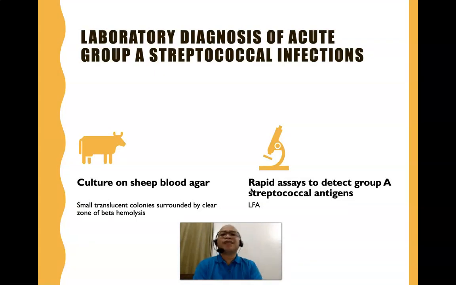To diagnose group A streptococcal infection, we may culture the throat swab, for example, in sheep's blood agar, wherein there would be small translucent colonies and a clear zone of beta hemolysis. Or in some cases, we can do a rapid assay to detect group A streptococcal antigens, such as the labeled fluorescent assay.